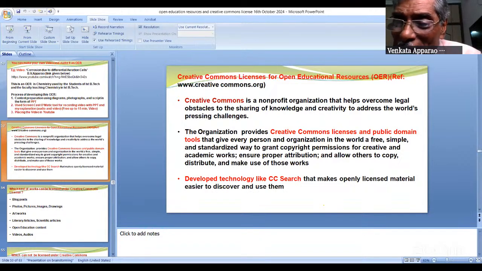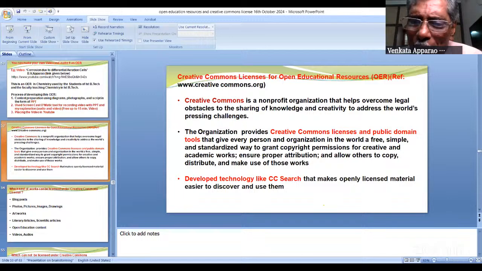If you publish in the form of copyright, it will only cater to the rich, not to the poor. As far as knowledge is concerned, everybody has the same right to gain knowledge. So therefore, Creative Commons licensing is the organization which gives license for all the OERs.